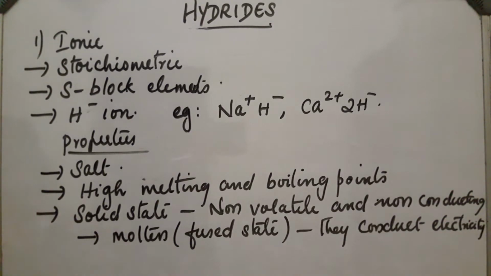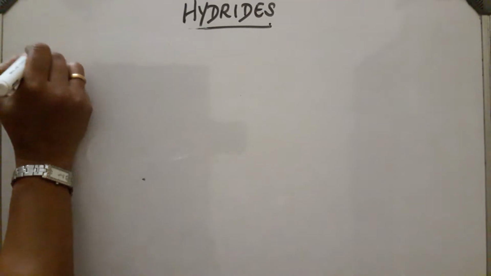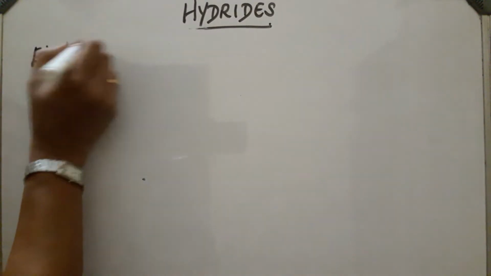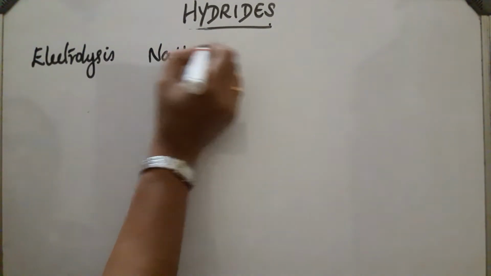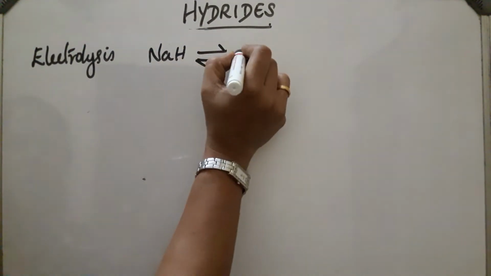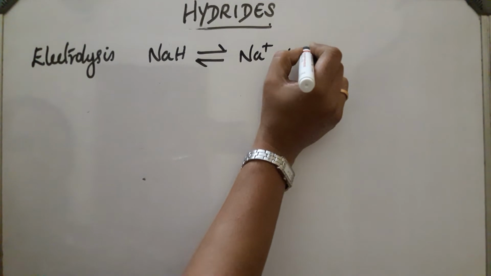So, during electrolysis, what happens? The positive ion moves towards the cathode and hydrogen ion moves towards the anode, and hydrogen gas is liberated at the anode. Example, NaH. NaH is dissociated into Na plus and H minus.